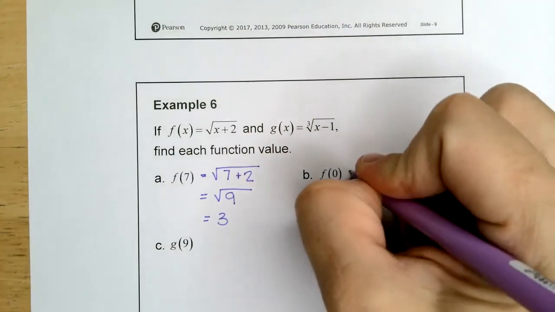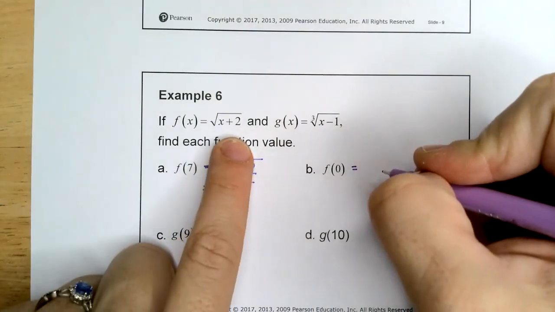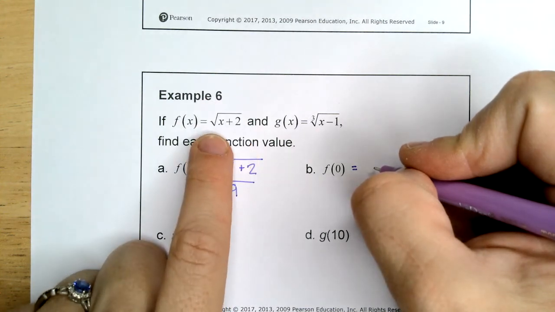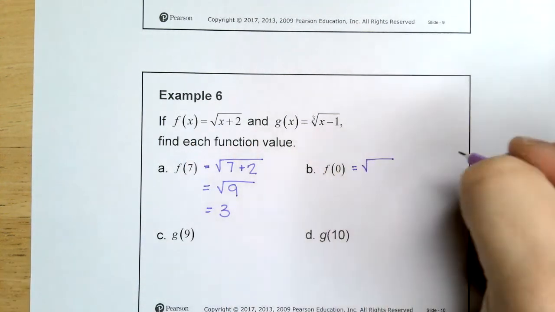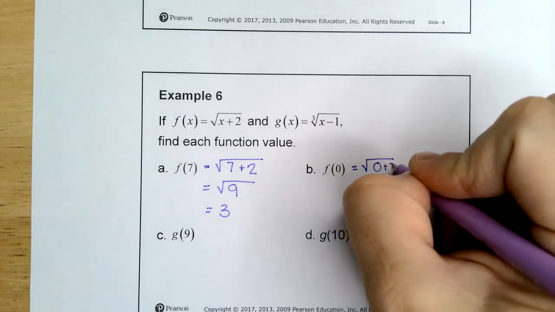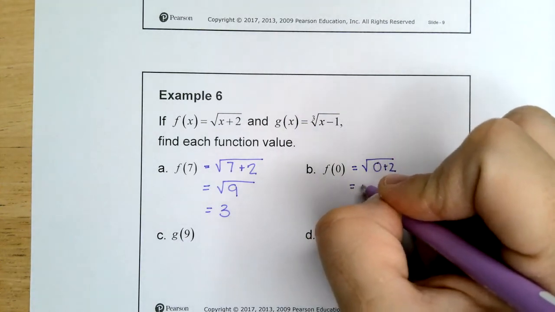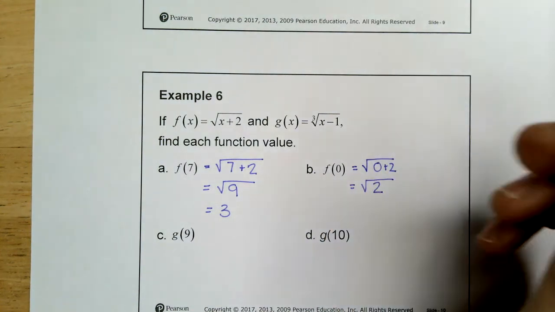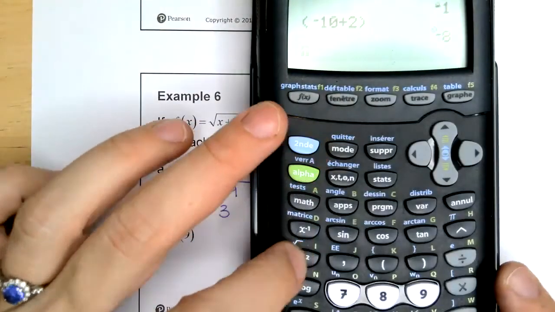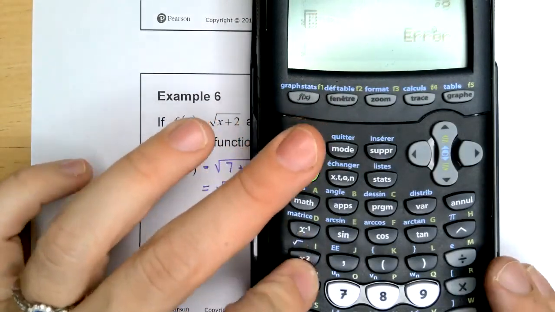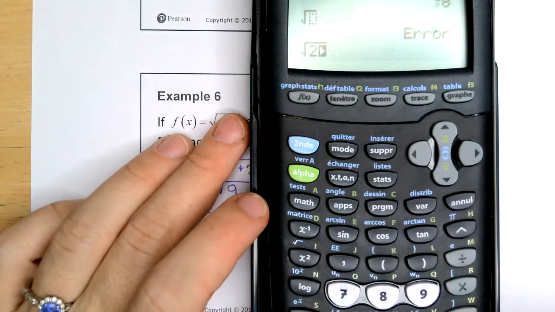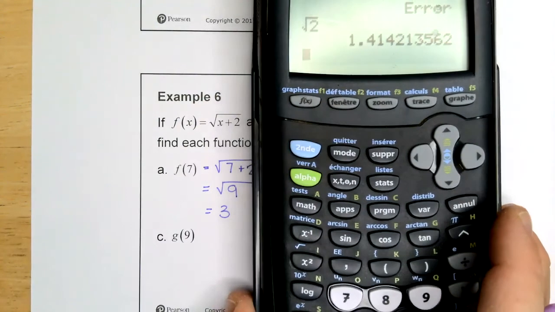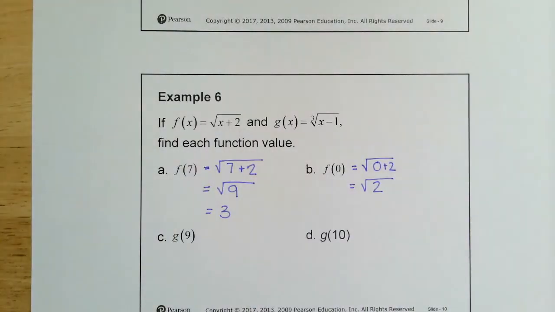All right, letter B, f of 0, same thing, x plus 2, that whole thing square rooted, but instead of x, I'm just going to put in a 0. The square root of 0 plus 2 is just the square root of 2. And I don't know what that is. The square root of 2 is 1.414213562.